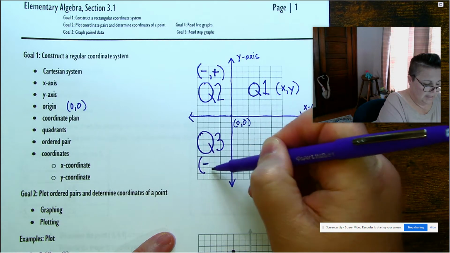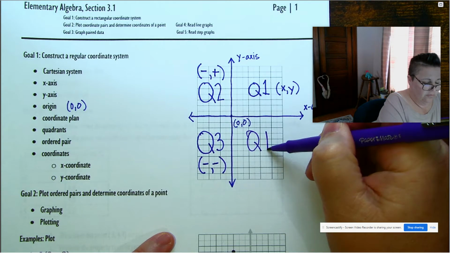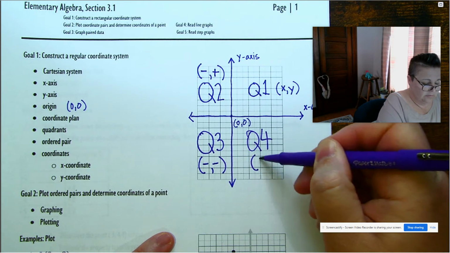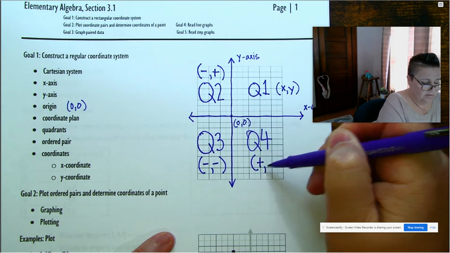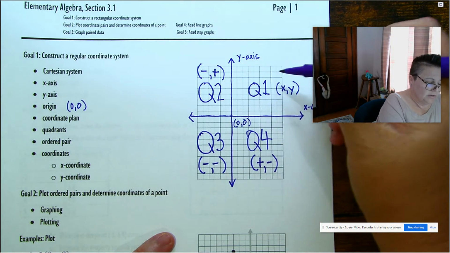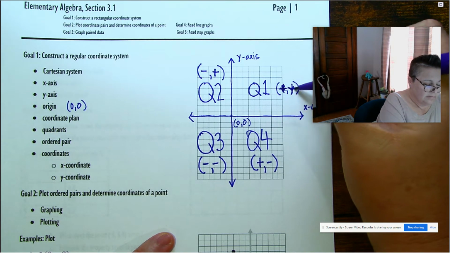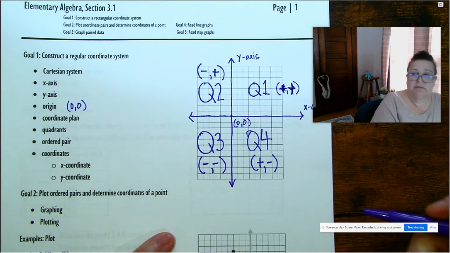This would be a negative quadrant. And quadrant 4 is the remaining. This would be a positive value and then a negative value. All right, these are your 4 quadrants. Again, quadrant 1 is positive. I'm going to write this as positive, positive. There we go. That makes a little bit more sense.